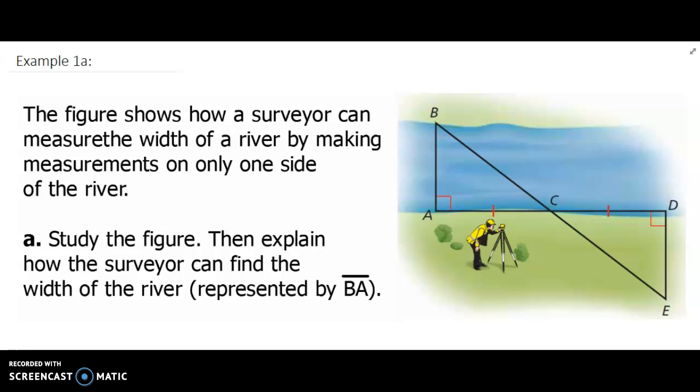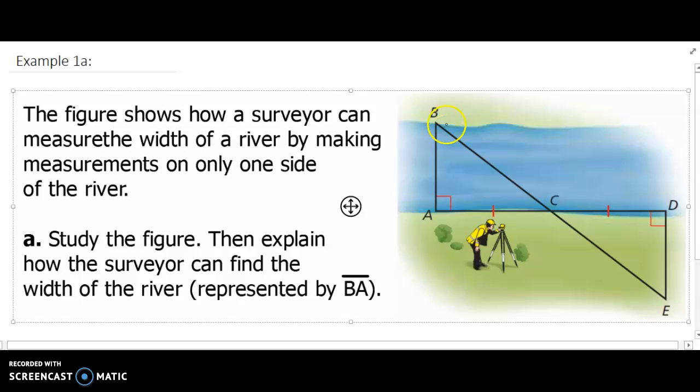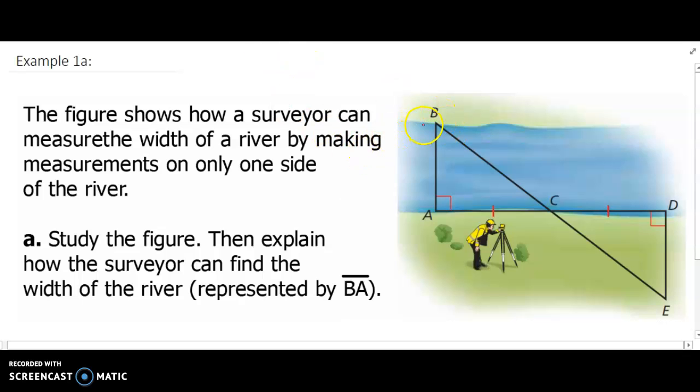Okay, so it says study the figure, then explain how the surveyor can find the width of the river represented by BA. So I want you to think about this and look at the diagram and ask yourself, how can we find this length here, which would be the width of this river, by using this figure?